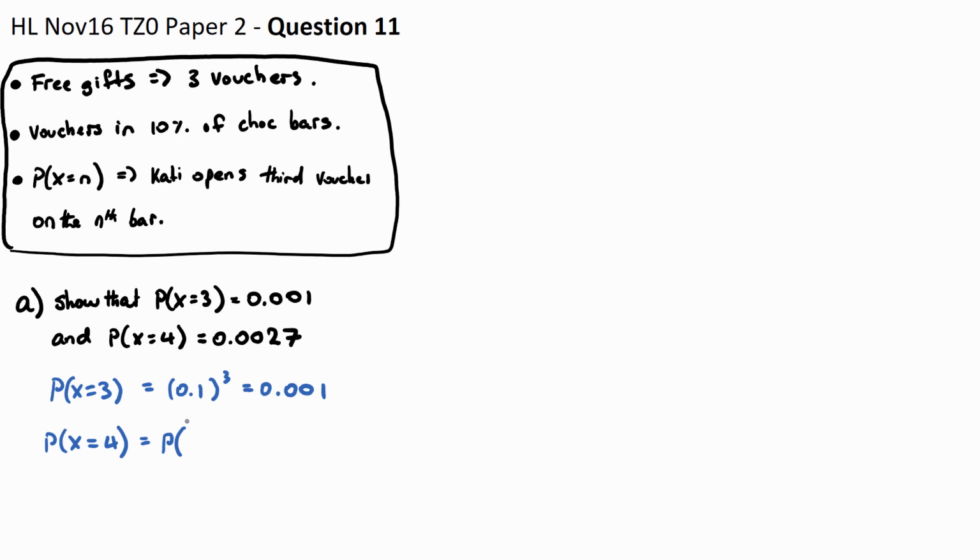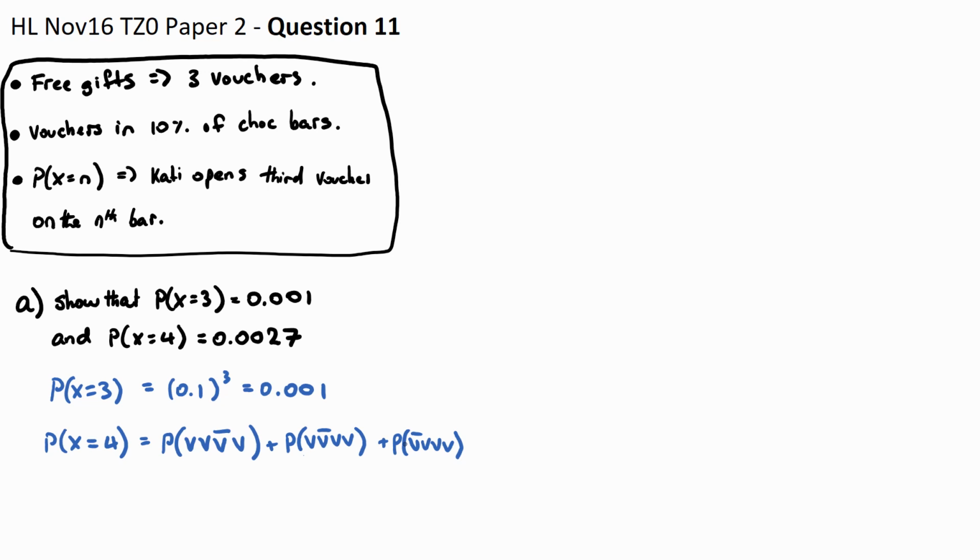That means she's going to get a voucher, a not voucher, which we can put as a dash or a bit of a hat on top of it, and then a voucher. That's one way. Or, which will be plus, she'll go voucher, then we'll have not voucher, voucher, or not voucher, voucher. So there's 3 ways that could happen.